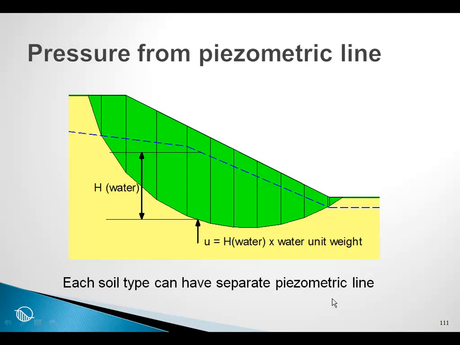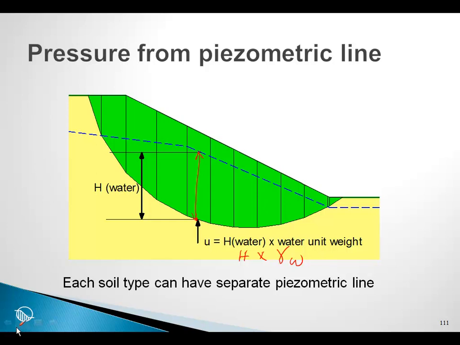The second thing to note is that when you use a piezometric line, the pore pressure that is computed at the base of a slice is simply determined from this vertical distance. The pore pressure is equal to the height of the water times the unit weight of the water. In a two-dimensional flow system, this is not entirely correct.